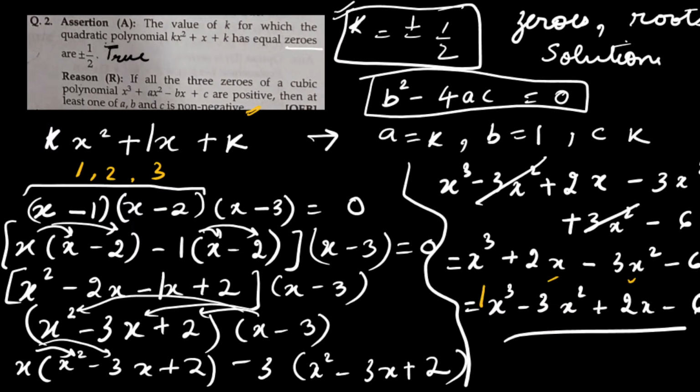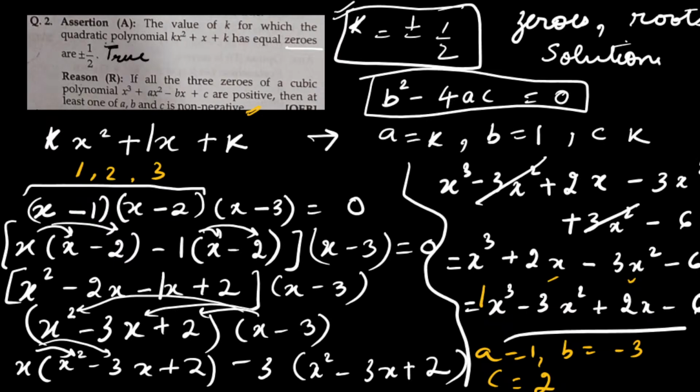So will it be true or false? You people only tell me. I've shown you one example. Here A is 1, B is -3 and C is 2. If all the zeros are positive, then at least one of A, B, C is also positive.